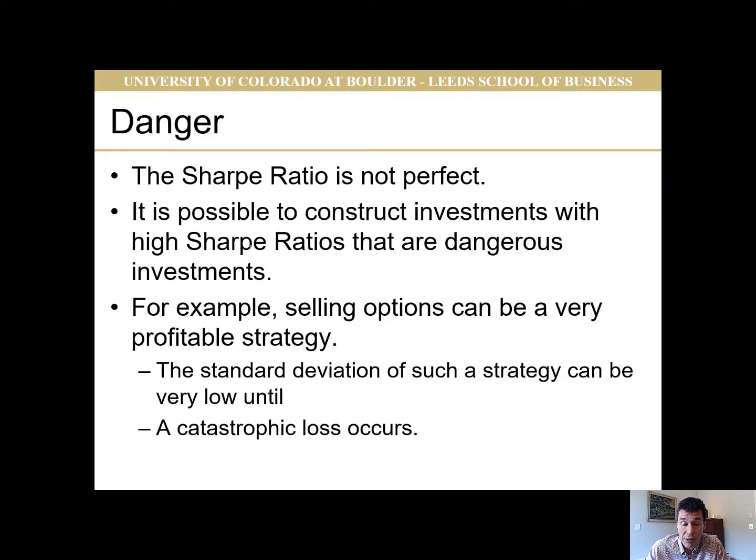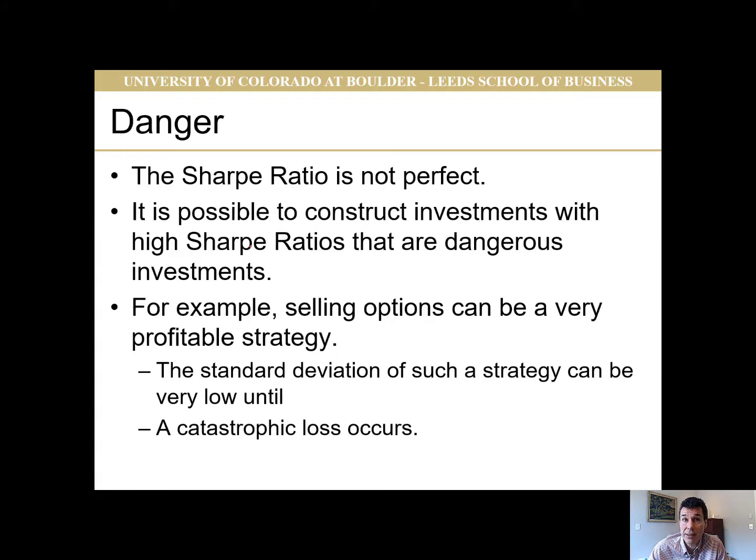In my derivatives class, we consider such an investment. We actually look for an investment which has a phenomenal Sharpe ratio, where basically the standard deviation of returns is 0 until it's not. So the standard deviation of returns is 0, but there's a very small probability that on any given time period, let's say it's a week, you're going to lose all the money that you've ever made and more.